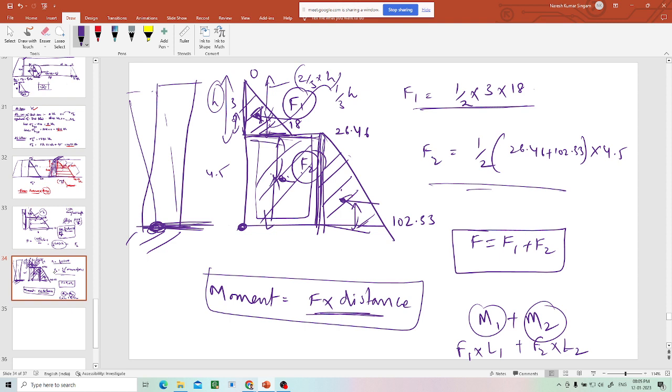So you may be asked earth pressure at any location, you may be asked total force, horizontal force acting on the retaining wall. If you are asked to find out total force, you have to find out total earth pressure. You have to divide them into different areas, then take the total area as total force.